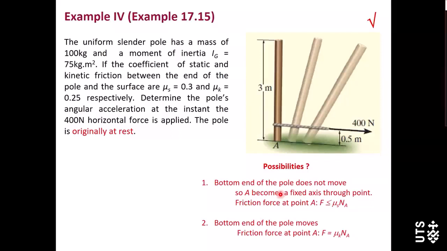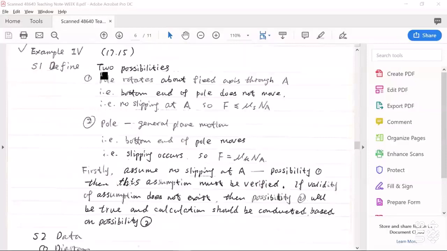And here, an assumption is needed. Based on our analysis, we can define two possibilities. Possibility 1: rotation about a fixed axis through point A, the end point. Possibility 2: general plane motion.